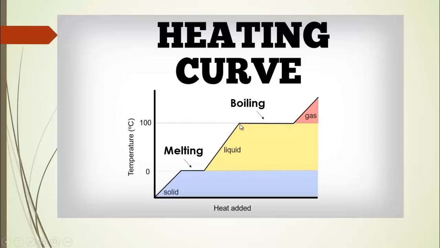Now here liquid water starts to boil and it will again take some time to convert all the water molecules into water vapor, and in this time also temperature is not changed. So this absorbed heat by the water molecules is known as latent heat.